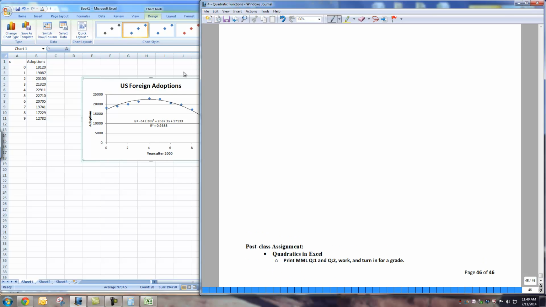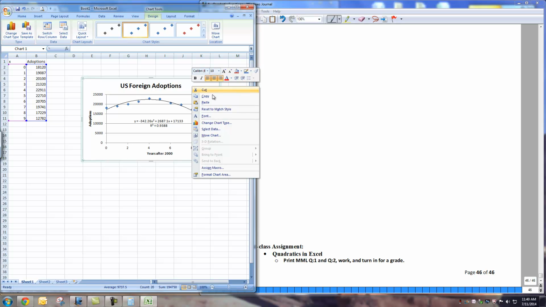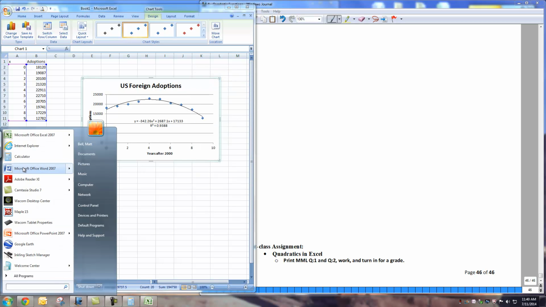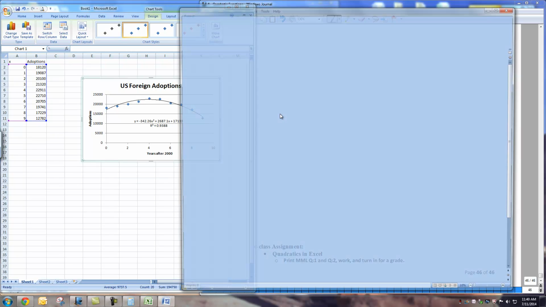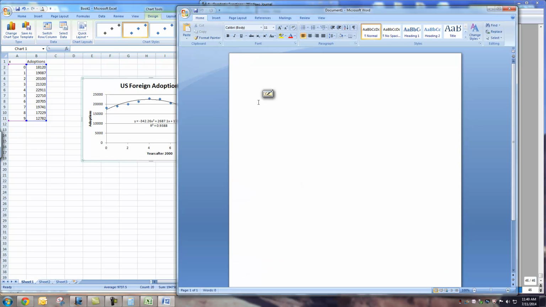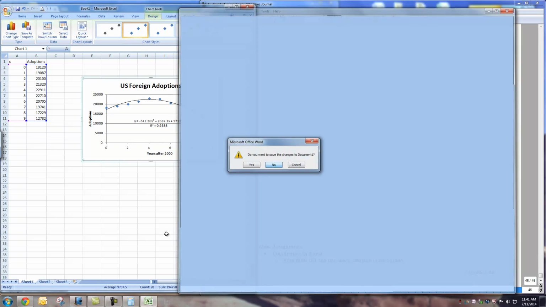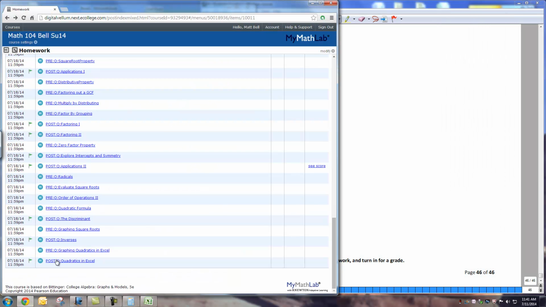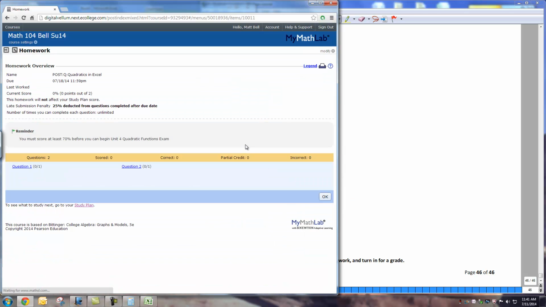All right. And then what you could do is you could just simply hit Control C and copy, or you can right click and go to copy, open up a Word file. Make sure you put your name and such, and then just hit Control V to paste, and it pastes it into the file. That's what you'll have to do for your Excel work right here, your Quadratics and Excel homework assignment. Just taking a look at it.